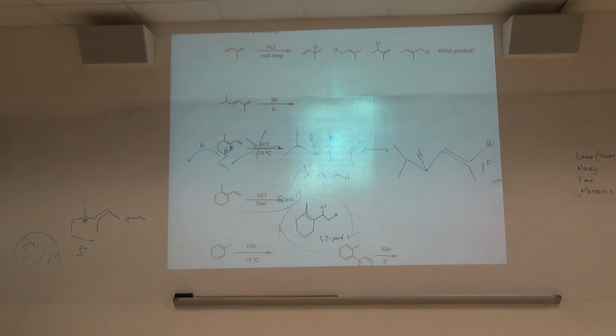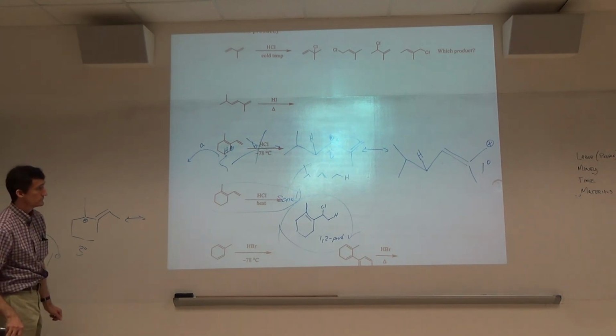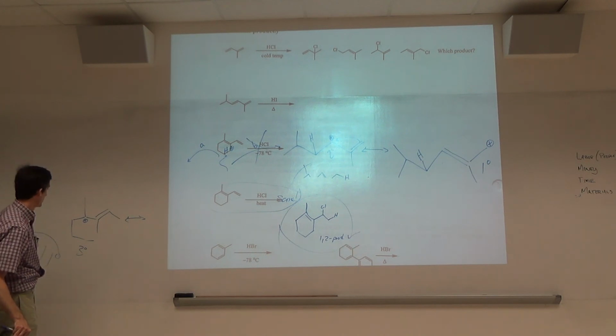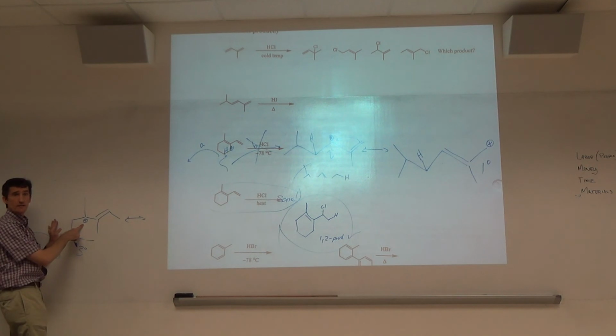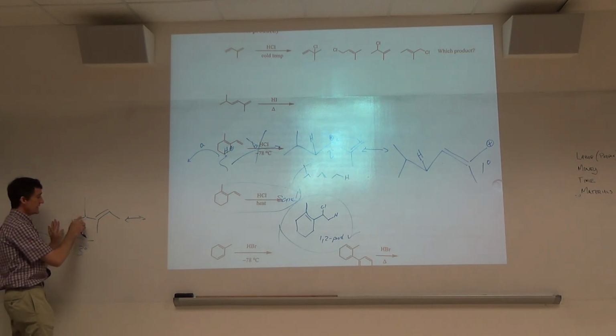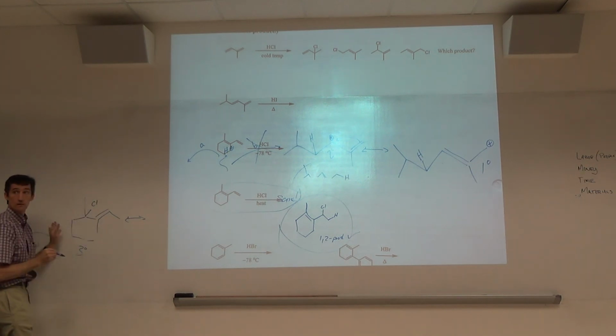Questions about that one? Why would it be the same? Most substituted. Well, the 1,4 product would come from chlorine added here. And if chlorine added here, you would get this product. There's the 1,2, here's the 1,4. Which one's more stable?